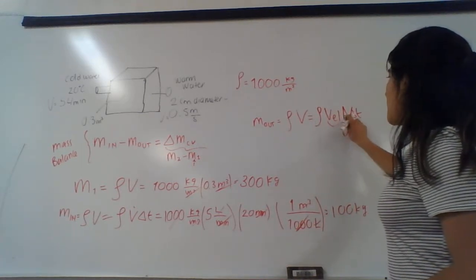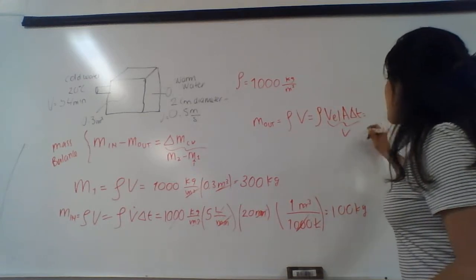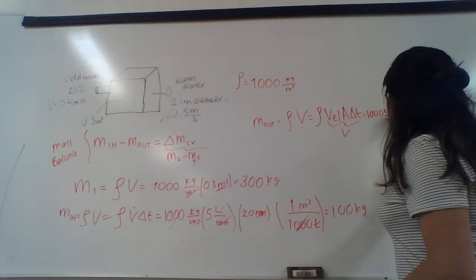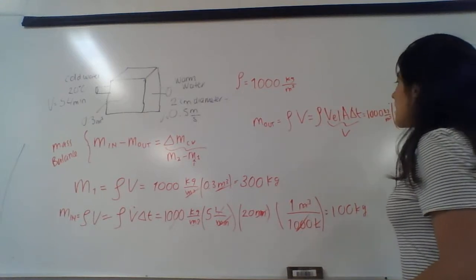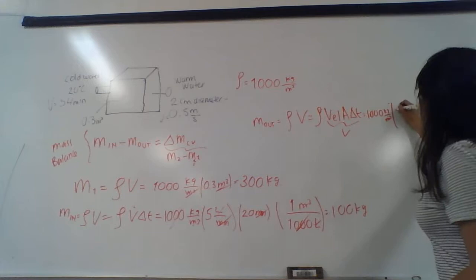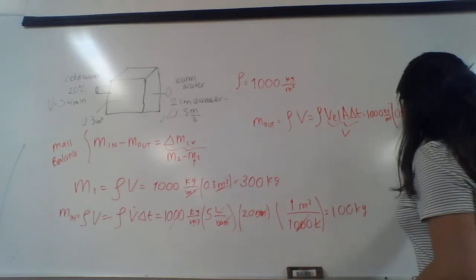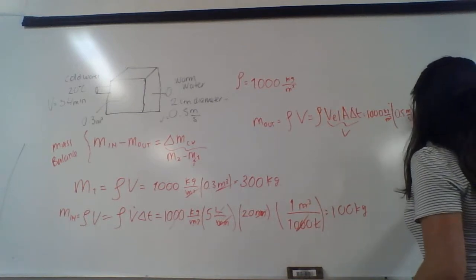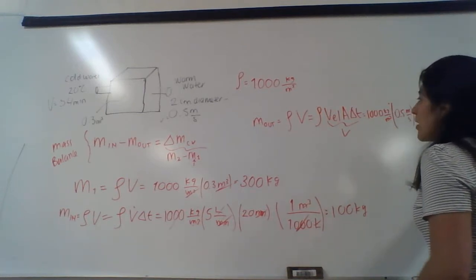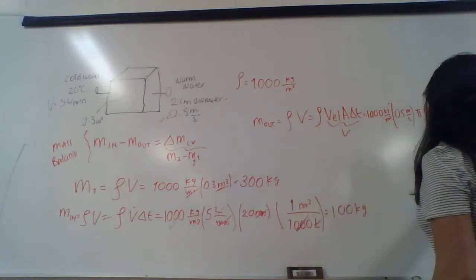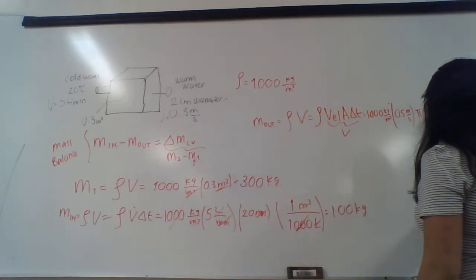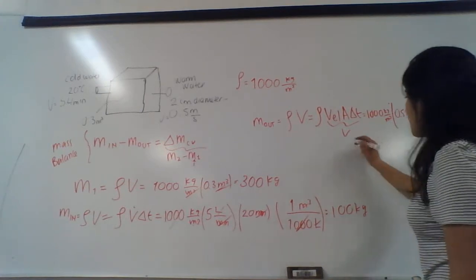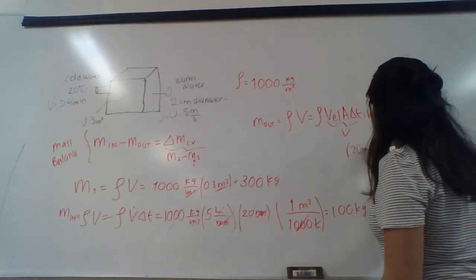So we have 1,000 kilograms per cubic meter times the velocity, 0.5 meters per second, times the area, which is pi times the 2 centimeter diameter, so it's 0.02 over 2 squared, times the difference in time, 20 minutes.